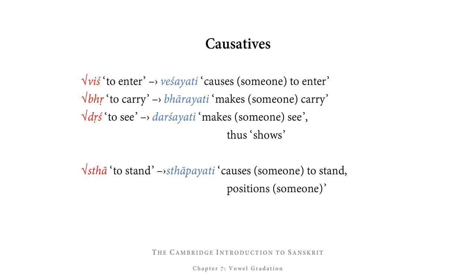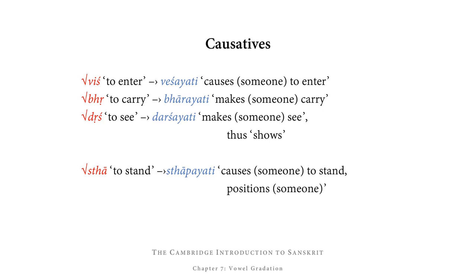Understanding about vowel gradation also allows us to understand about causatives. Now, a causative is a form based on a normal, regular verb form that means to cause someone to do something. So, for example, our root vish, to enter, which gives us the regular third-person singular form vishati, meaning he enters, actually has a causative veshayati, he causes someone to enter.